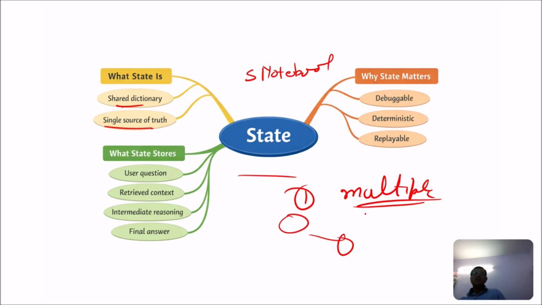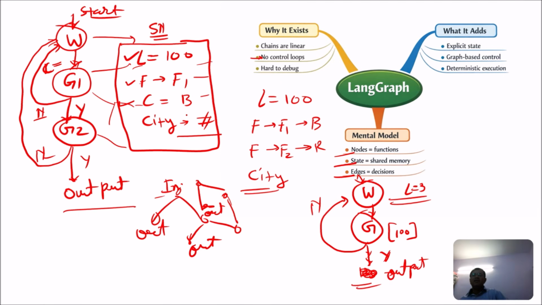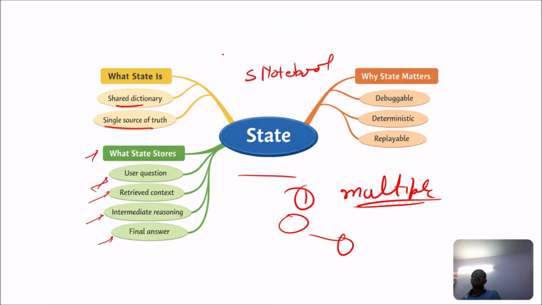The more complex you go, the more of these things you will find. Now, what does state store? User questions, retrieved context, intermediate reasoning, final answer. For example, here the state stores length, font, color, city name, like that. It can store the question also.